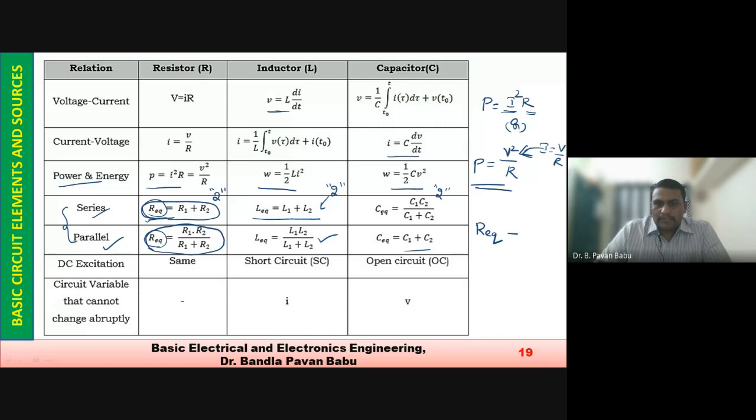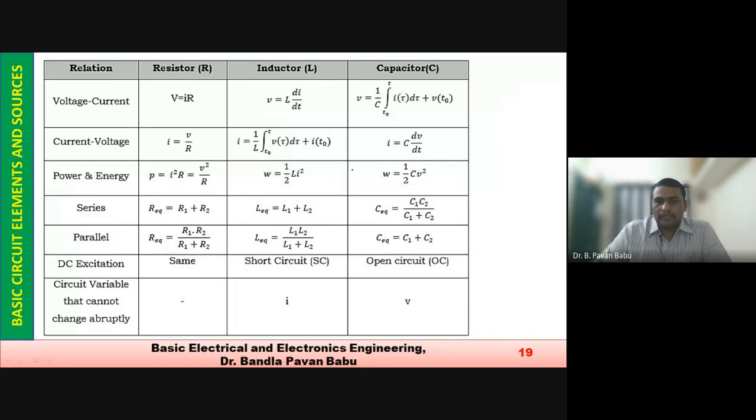Coming to the capacitor, if two capacitors are connected in series, then we have to multiply, so it will not get added there. So C1 C2 by C1 plus C2.